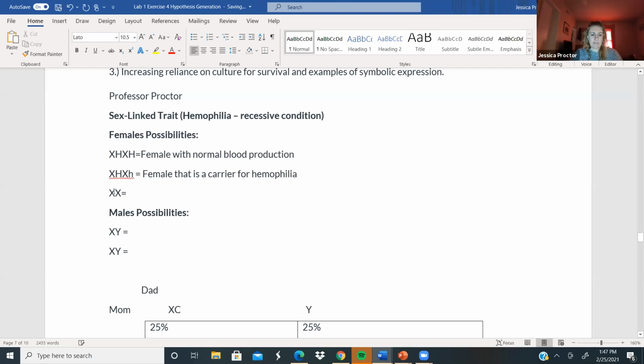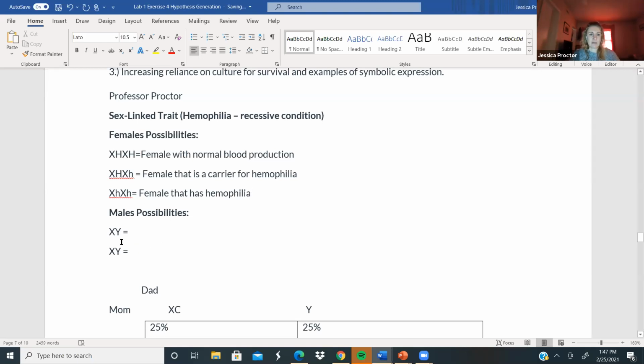And the only way a female will actually express the recessive condition of hemophilia, she would need a recessive lowercase h allele on both X chromosomes. So an X little h, X little h, this is a female that has hemophilia.